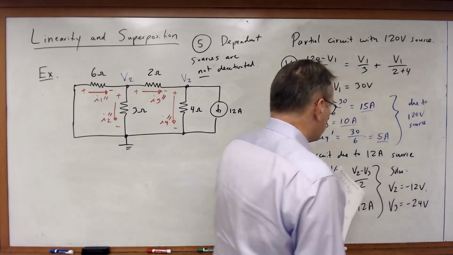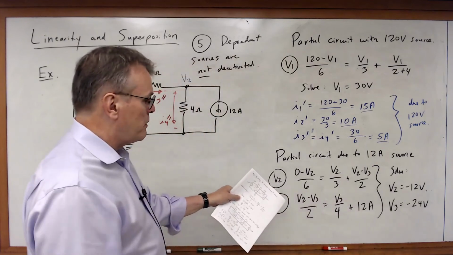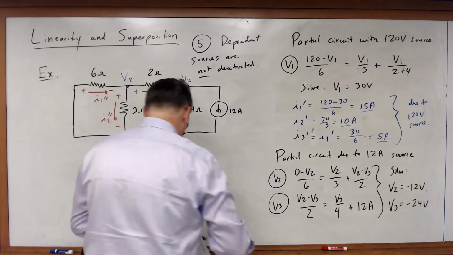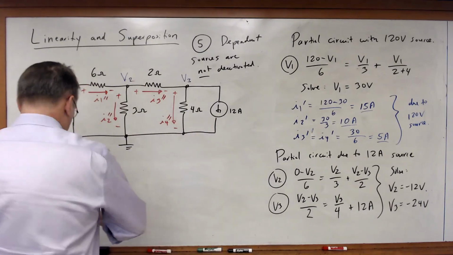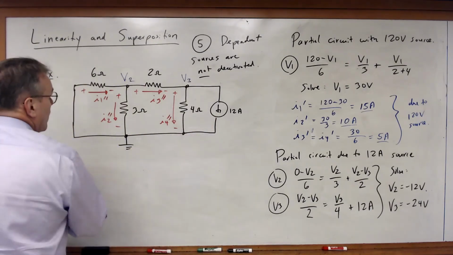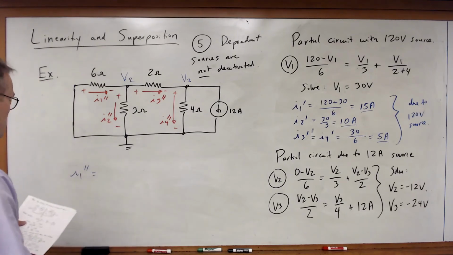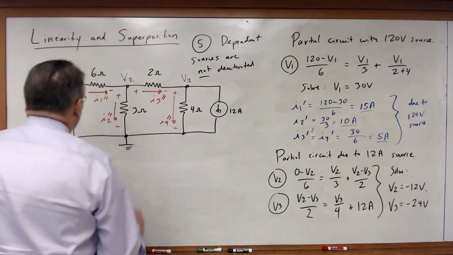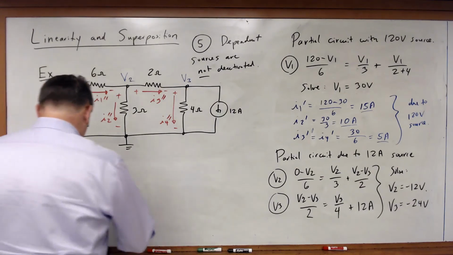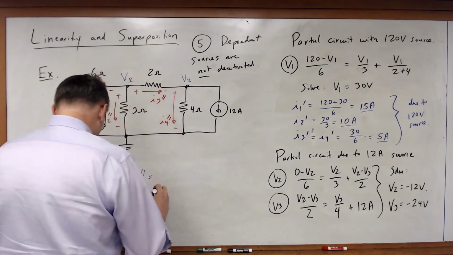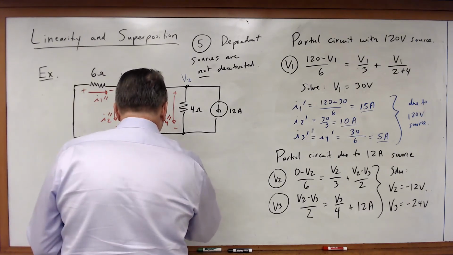So once I have those nodal values, those node voltages, I can now go through and calculate the currents. So in this case, I1 double prime will be equal to 2 amps. I2 double prime will be equal to minus 4 amps.